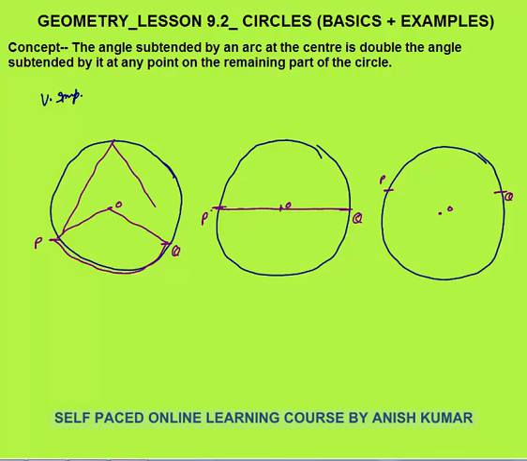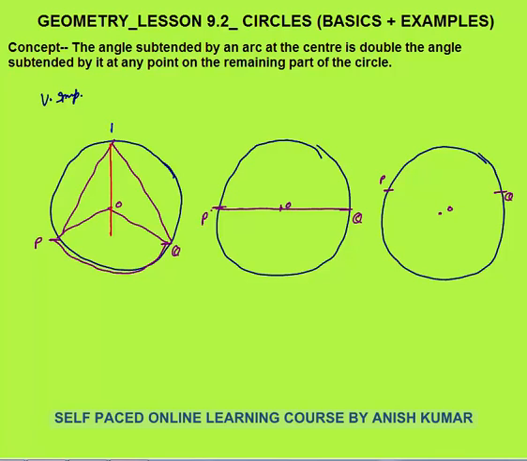I want to prove that the angle at the center will be double the angle at any part of the circle. How can we prove that? Simply you have to join these two points. All three are radii.